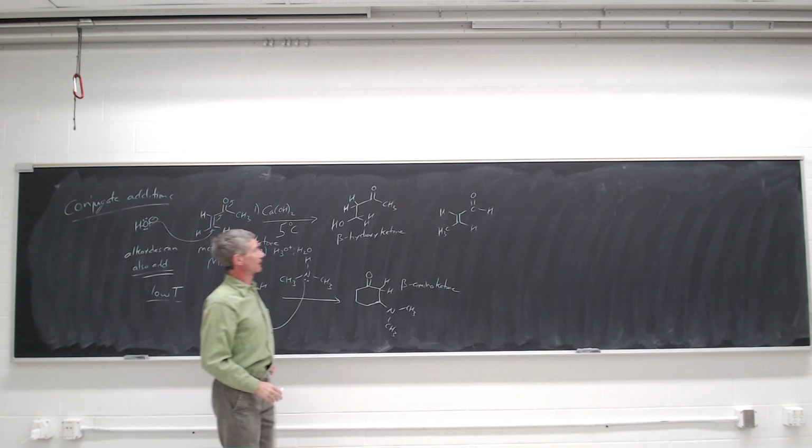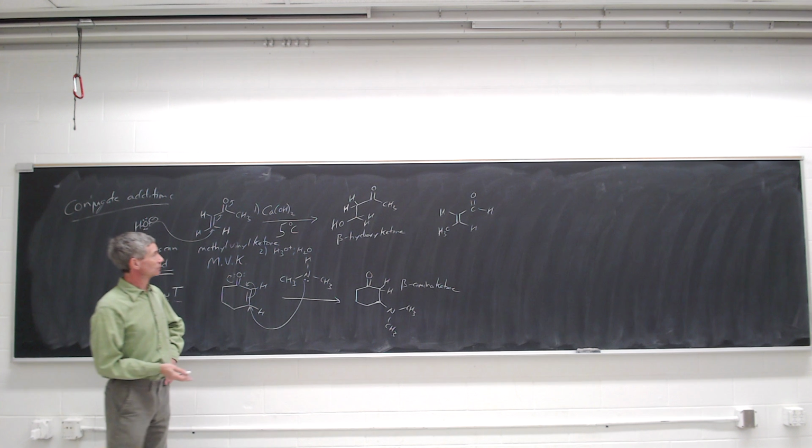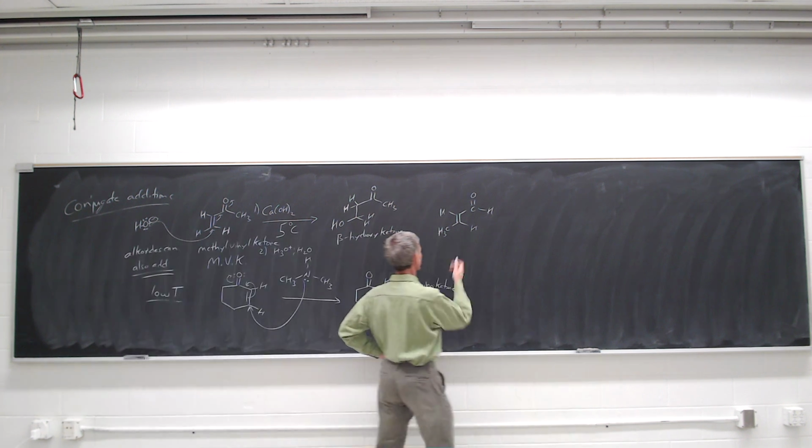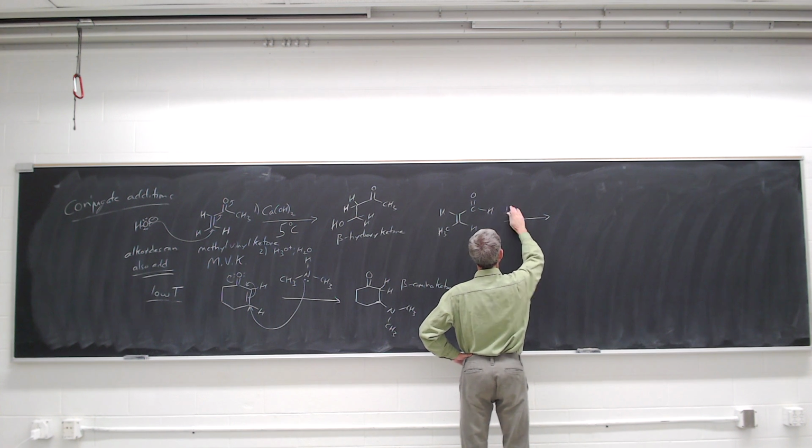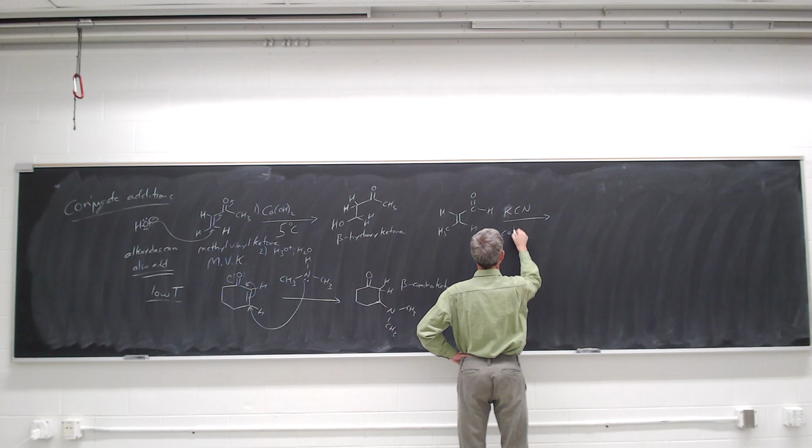So we can add to this alpha beta unsaturated aldehyde. Treat this with sodium cyanide or potassium cyanide, salicylic acid.